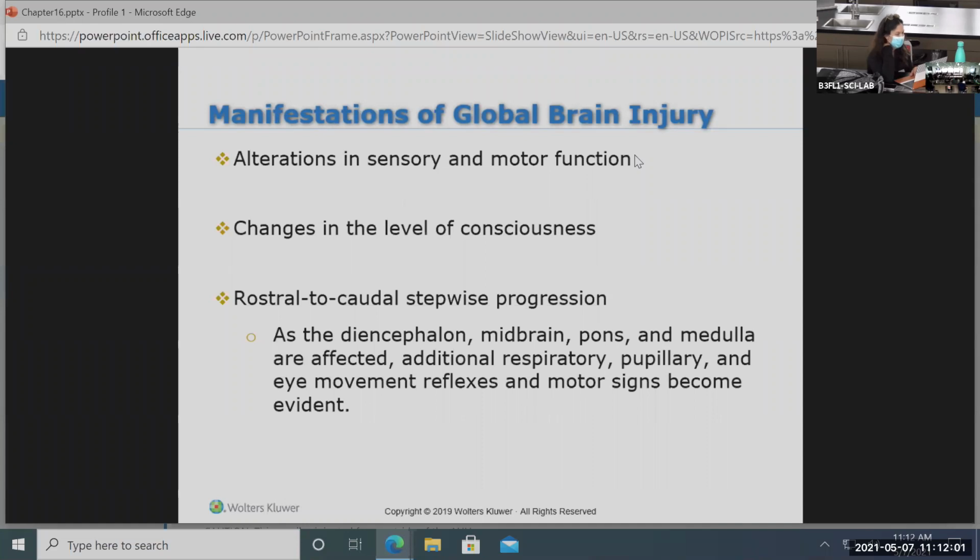Then we have additional respiratory, pupillary, and eye movement reflexes, and motor signs become evident. This is all a gradual process.